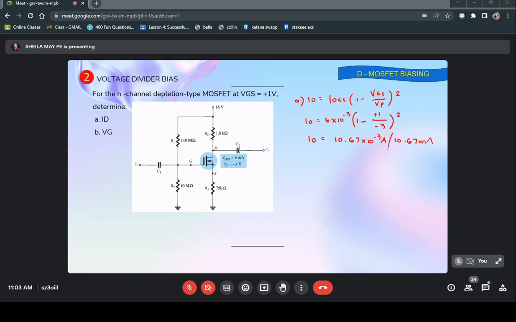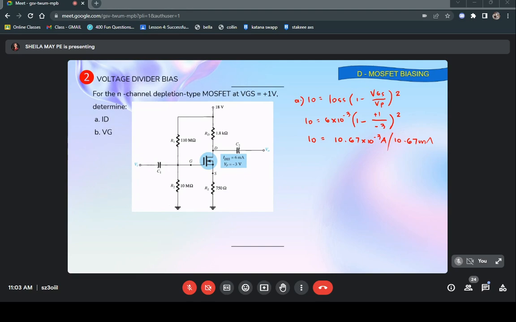Okay. We have an example. Determine ID for the enhancement type MOSFET at VGS is equals to 6 volts. Now we have here three VGS. As you can see, we have VGS on, VGS TH, and the VGS. Now for the VGS TH class, that's the minimum value of our VGS nga need niya katon para mo initially turn on or naay channel, gamay nga channel nga ma-exist sa atong e-MOSFET.